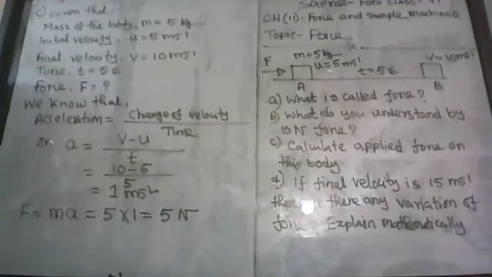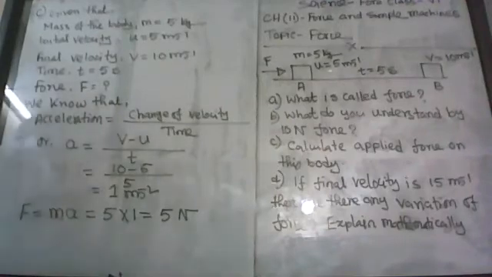Now in question number D, if the final velocity is 15 meter per second, then is there any variation of force? Which force? Applied force. In the previous case the applied force is 5 Newton.